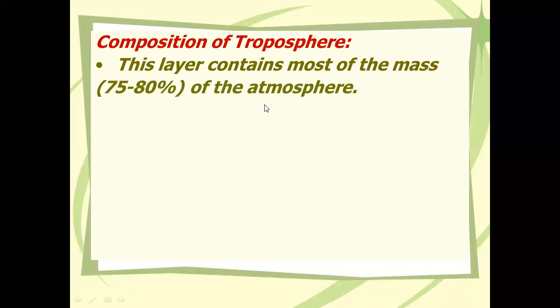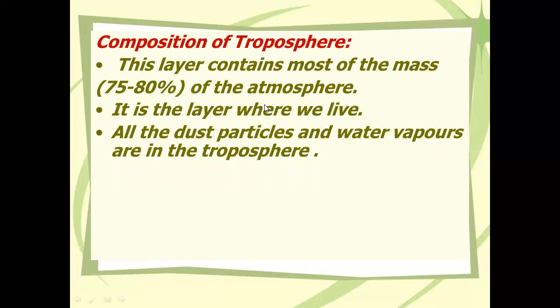It means most of the mass of the atmosphere is present in this first layer. So 75 to 80% of the components are present in the first layer, and then the remaining are present in the other layers of the atmosphere. It is the layer where we live. We also live in this layer.